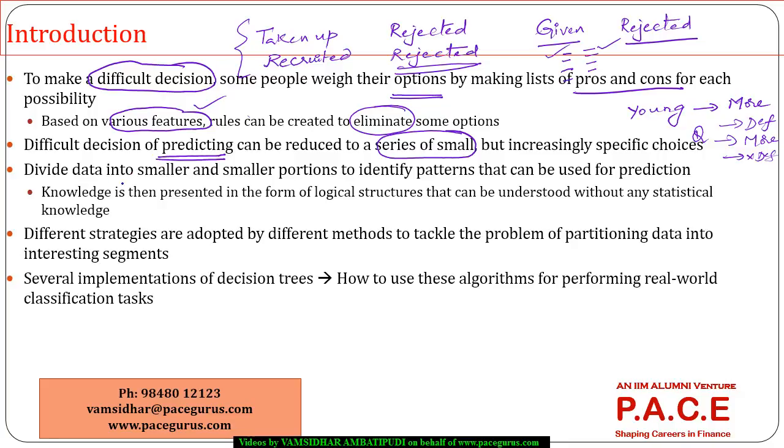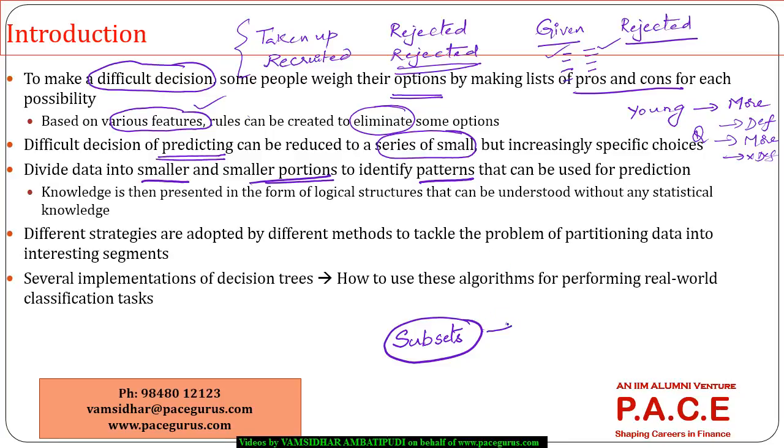Now when we are doing it in a machine learning way, we are dividing the data into smaller and smaller portions, right? We are making subsets of the data based on various features. For each portion, we are identifying the pattern.